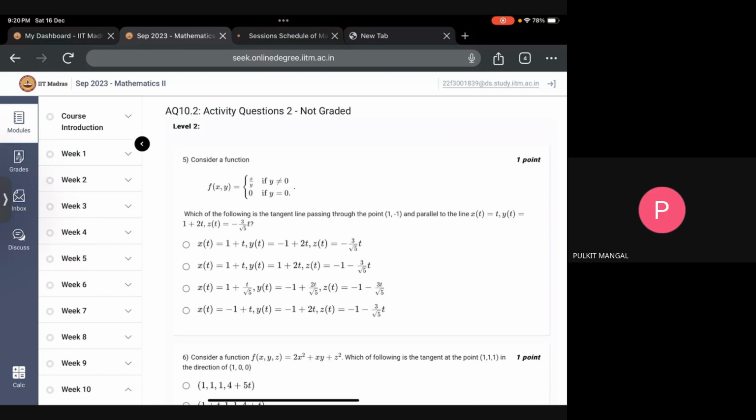Yes, sir. Now you need to compare the equation of this line to the parametric equation.